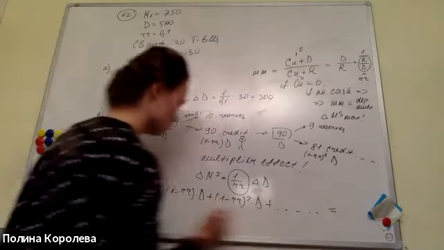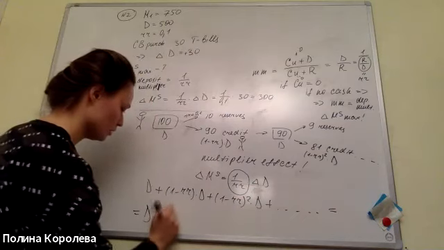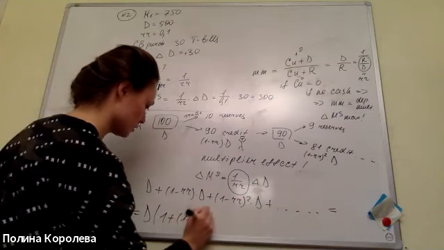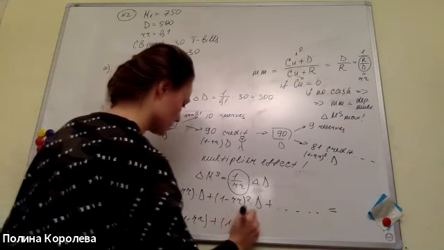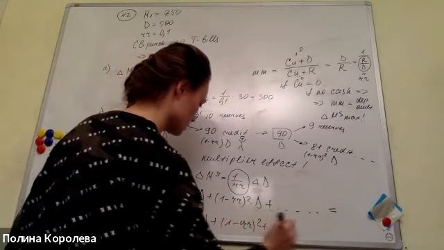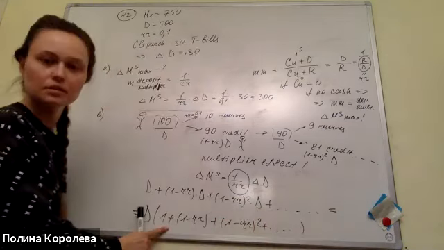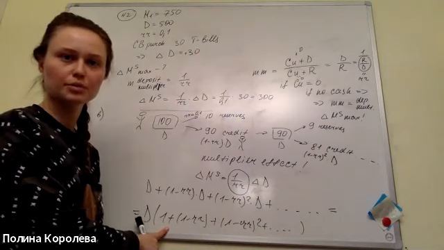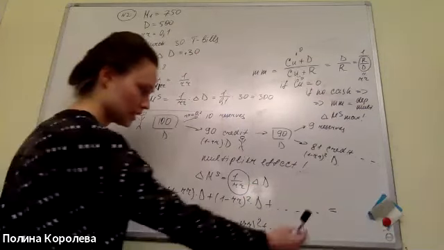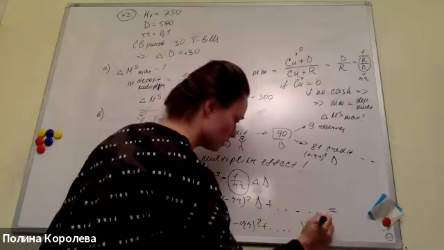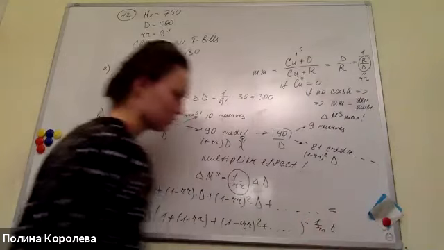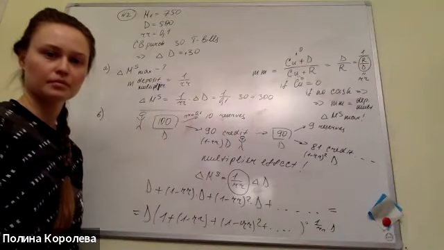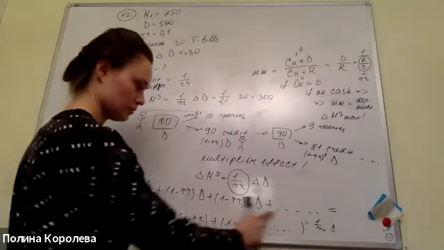So you will have D times (1 plus (1 minus RR) plus (1 minus RR) squared plus ...). This is a geometrical progression, and this sum is equal to 1 over RR multiplied by D.